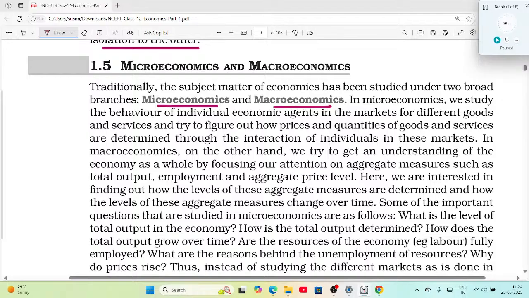Microeconomics studies the behavior of individual economic agents in the markets for different goods and services.